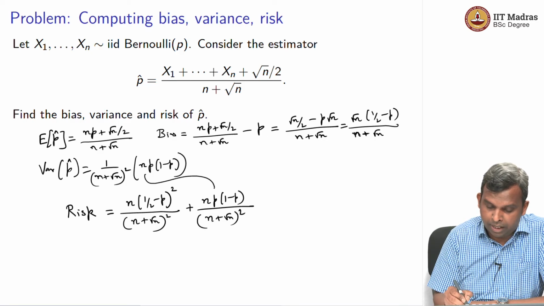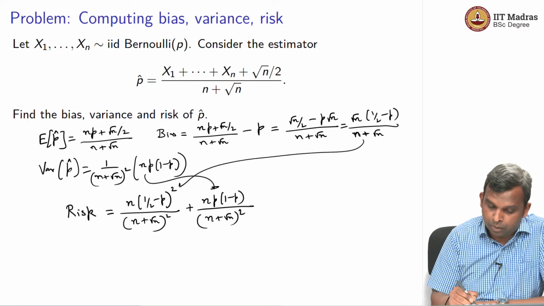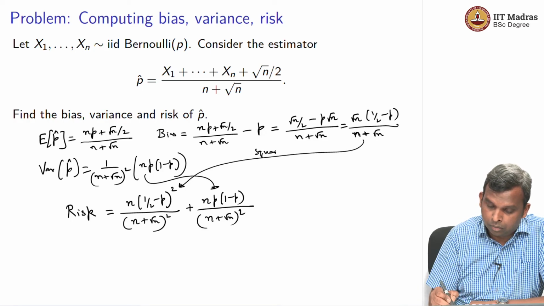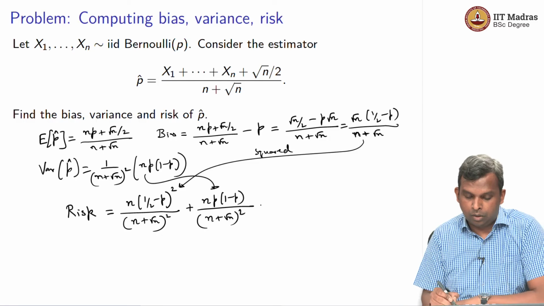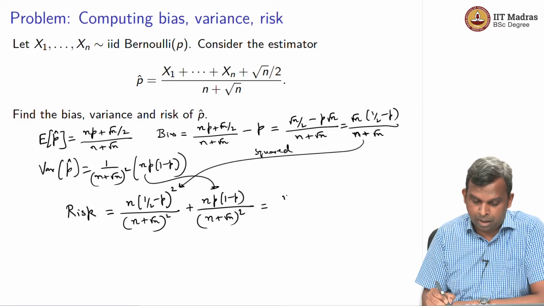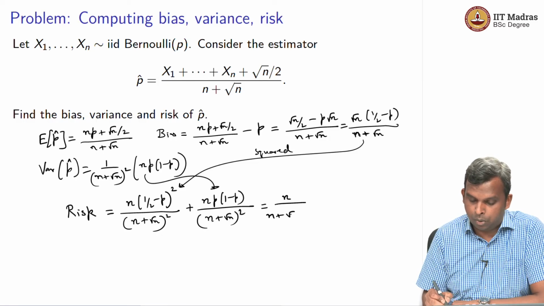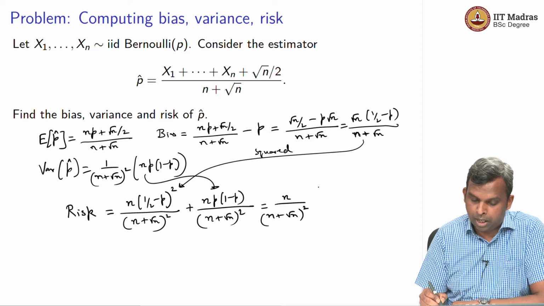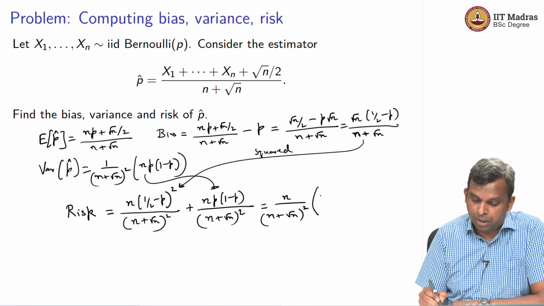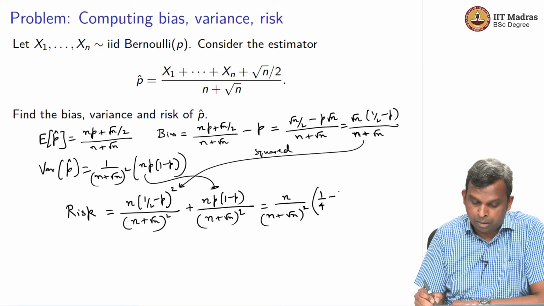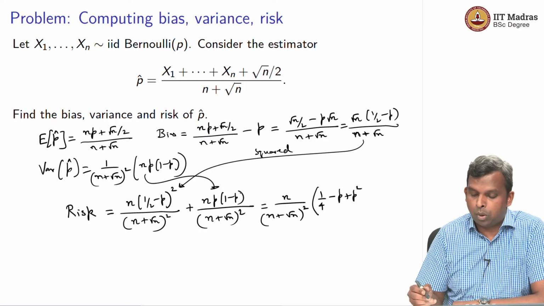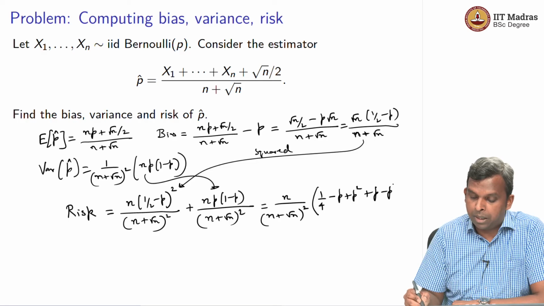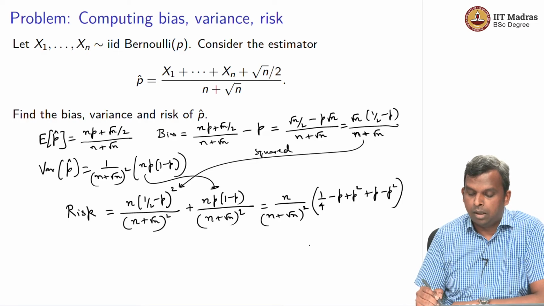So this is the bias squared and this is the variance. Let's just add these two. So it's n by n plus root n whole squared times 1 by 4 minus p plus p squared, and this is p into 1 minus p, that's p minus p squared.